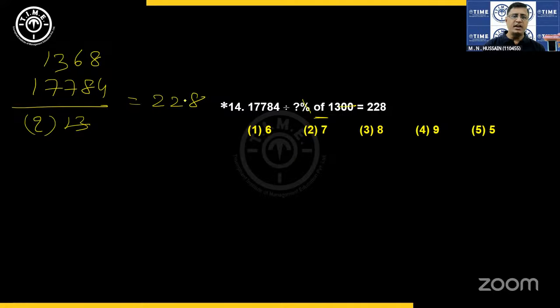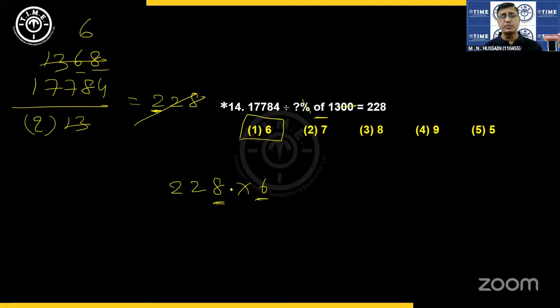What about 228 and 1368? 6 times of 200 is equal to 1200, means approximately here 6 times. Now if you observe 228 into 6, unit digit, 6 into 8, 48. 12 plus 4, 16. 12 plus 1, 13. So what is the value of the question mark? The value of the question mark is option number 1, that is 6. 6 is the right answer.